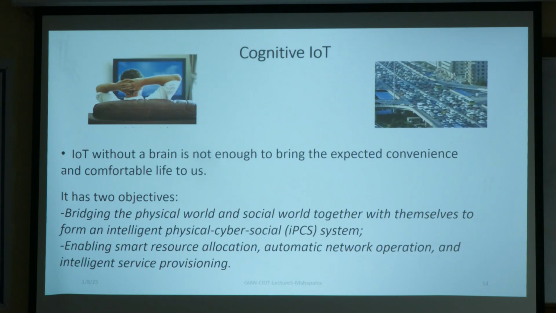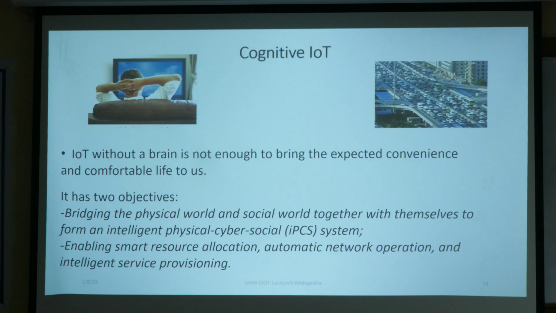Now, coming to cognitive IoT, there are two pictures essentially. One shows traffic congestion and how cognitive IoT helps. In the other, a man is coming home after work, and everything is set for him on his couch, and he's watching TV. If he sleeps, the couch has to spread itself, those kinds of things based on what we discussed.